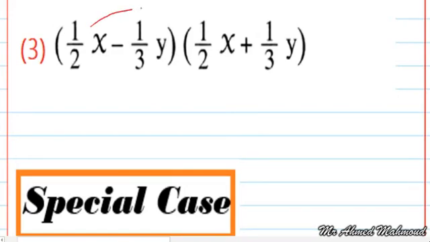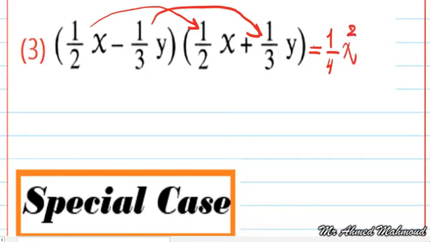We have here first times first and second times second. It will be 1 over 2 times 1 over 2 equals 1 over 4 x to the power of 2. Negative 1 over 3 times positive 1 over 3 equals negative 1 over 9 y to the power of 2.